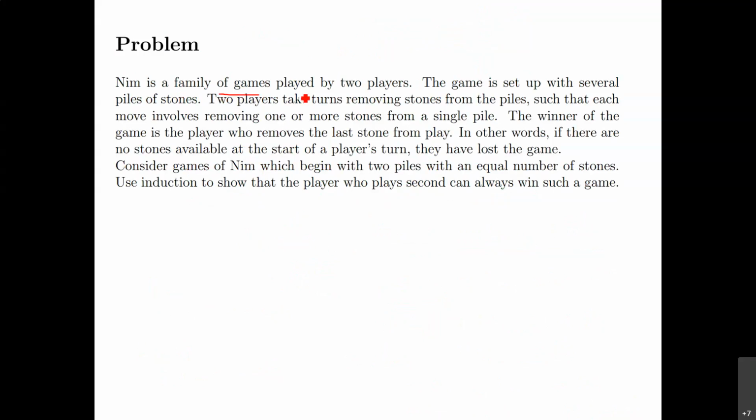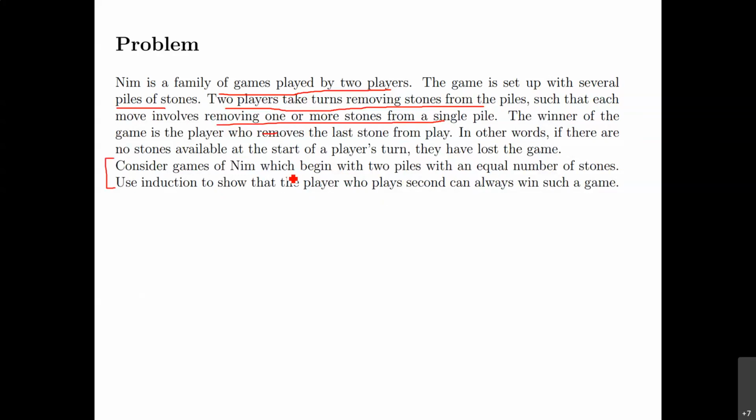NIM is a family of games played by 2 players. The game is set up with several piles of stones. 2 players take turns removing stones from the piles, and the winner of the game is the one who removes the last stone from play. Okay, so this is the question here.